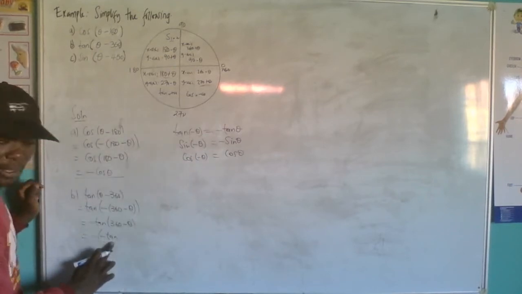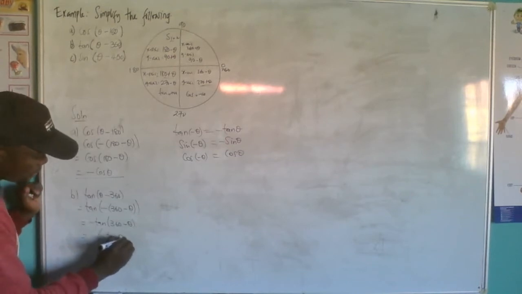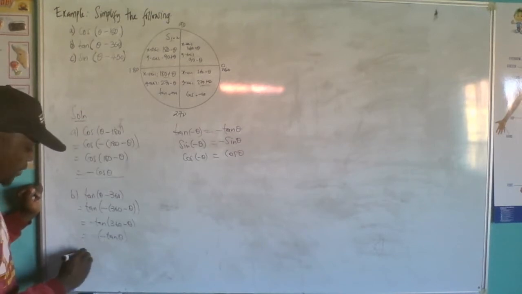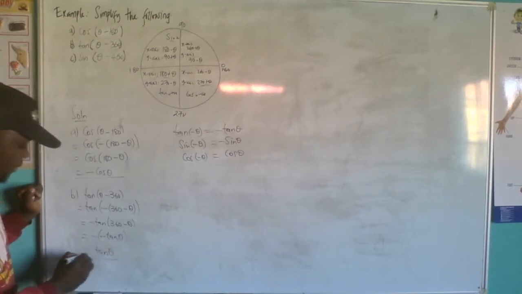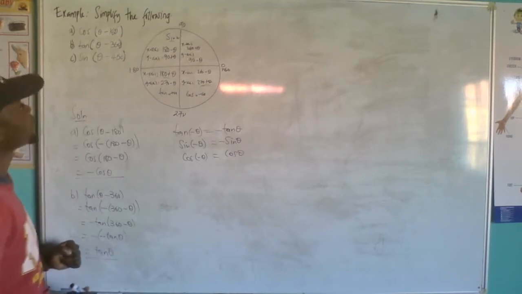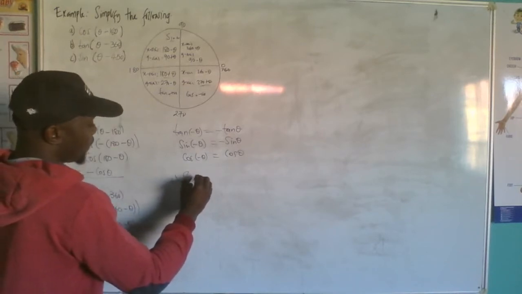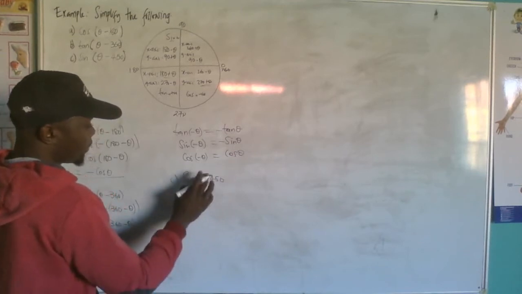So tan is negative in the fourth quadrant, and then that becomes theta there. Then a negative times a negative will give you a positive tan theta. Something like that.